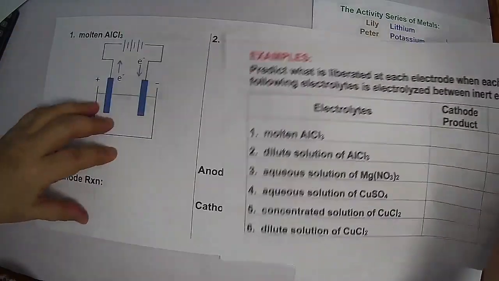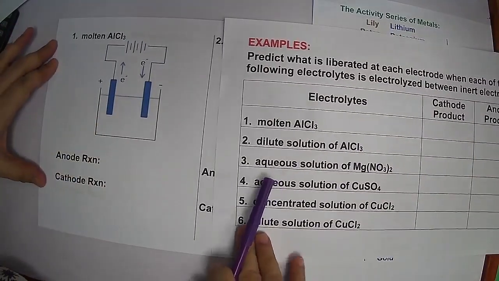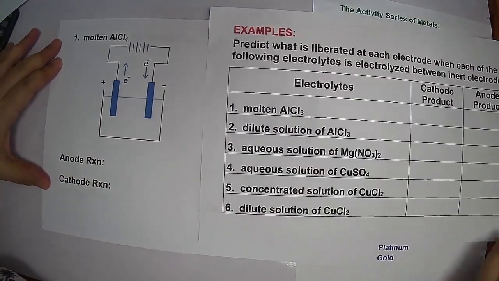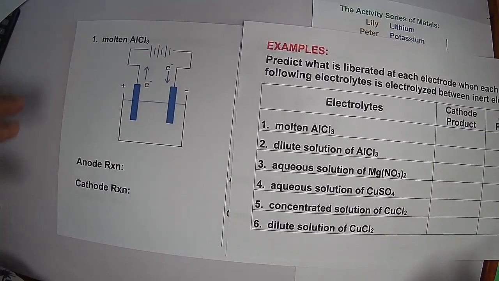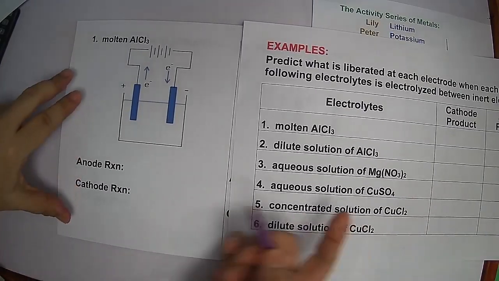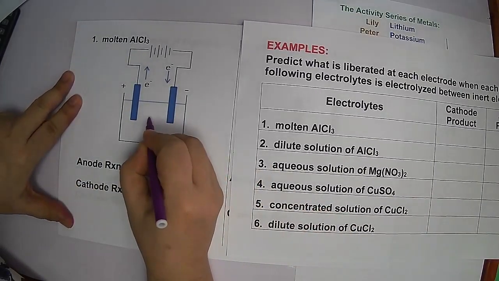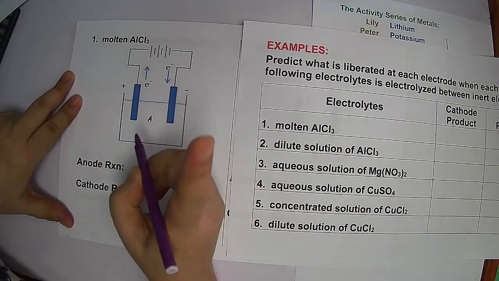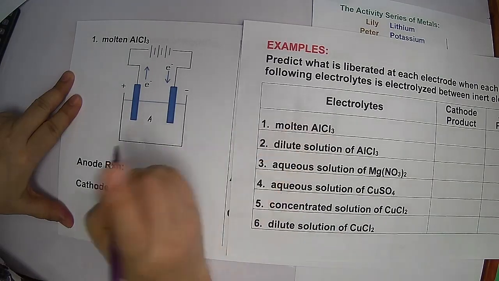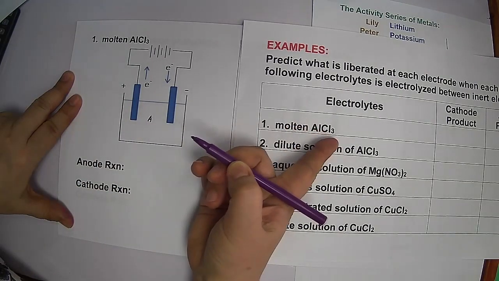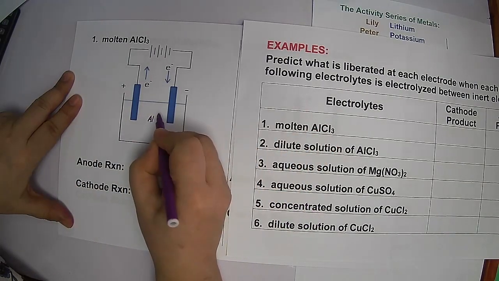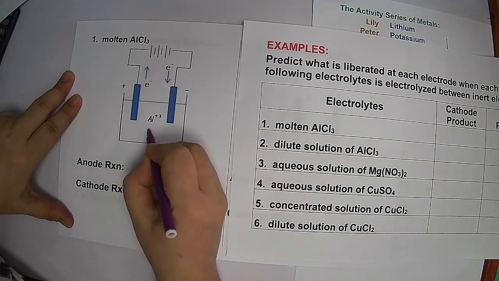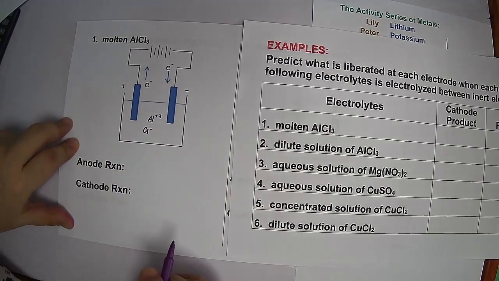To begin with, let us take number 1, the molten state of aluminum chloride. Since it is molten, there is no water, so the lattice structure or bond between the aluminum and chloride will be broken, and you have aluminum +3 and the chloride ion.